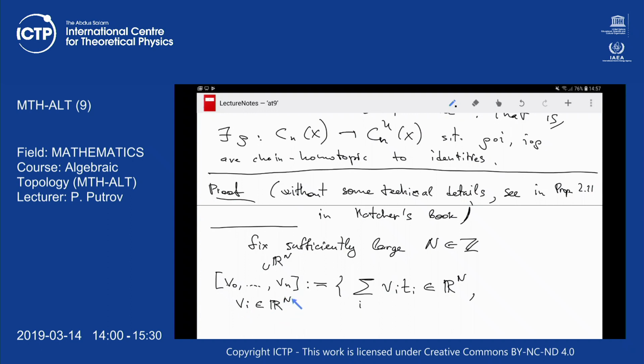Since Rn is a vector space, I can do arithmetic operations: I can multiply by numbers and add them, such that the sum of the coefficients is 1.